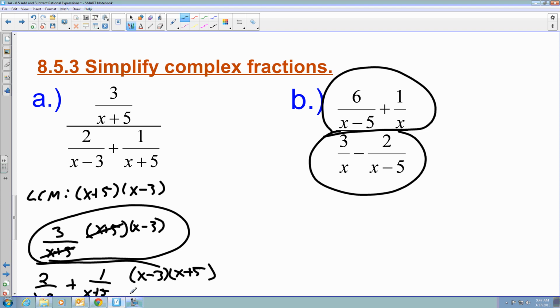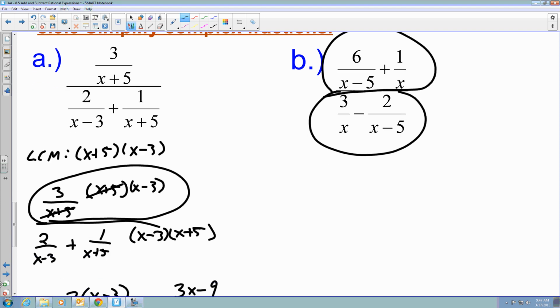So what I'm going to do here is I can do x over x minus 5 plus x over x minus 5. Here I added an x, so I can go 6x. Here I can go just x minus 5.